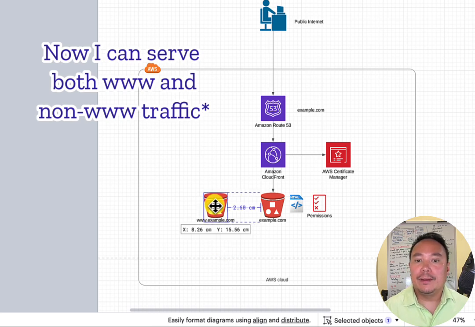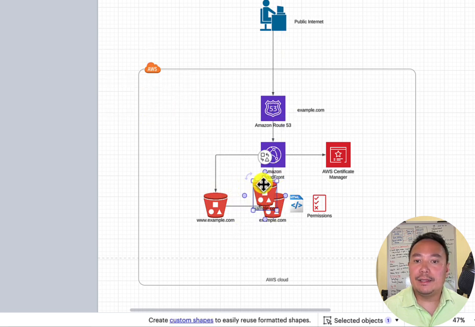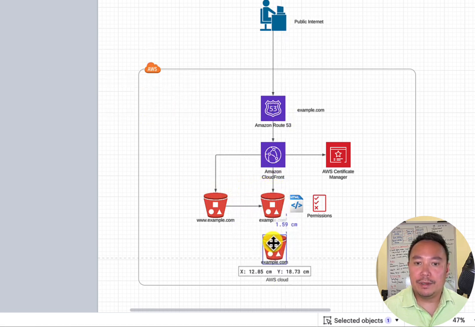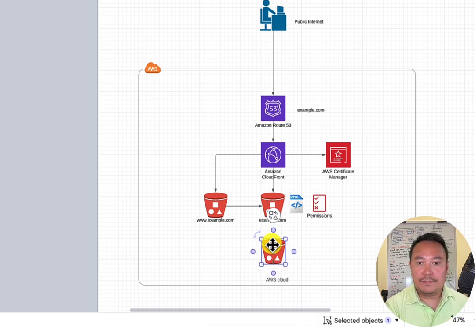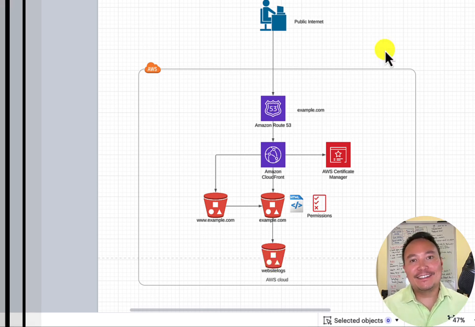And then I am going to redirect the traffic to my main S3 bucket, which is example.com. And let me just add a line there. And lastly, I'm going to add in another S3 bucket. And this is just for the logs. So I'm just going to call it maybe website logs. And that S3 bucket will handle the logging for the website traffic. And that's it. On to the next.